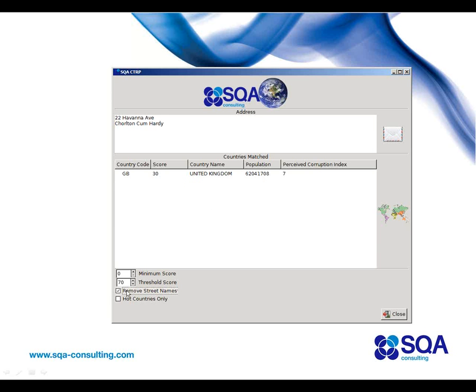Or I can turn on an option here called Remove Street Names. I can recognize that the address is followed by avenue, street, road, boulevard. I have a list of about 200 recognized generic street type names and abbreviations, and discount it on the principle that that's part of a street name rather than a town.